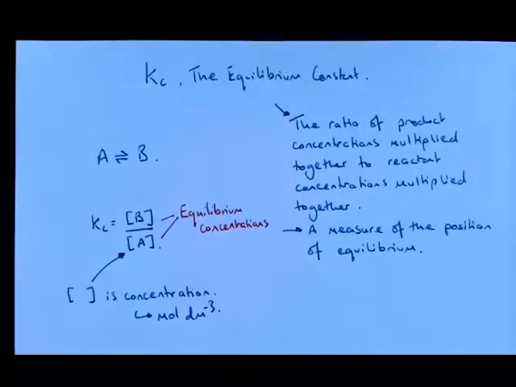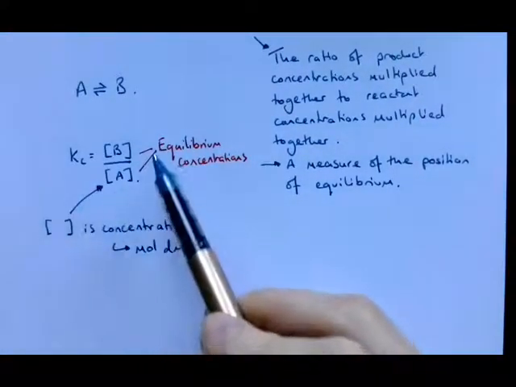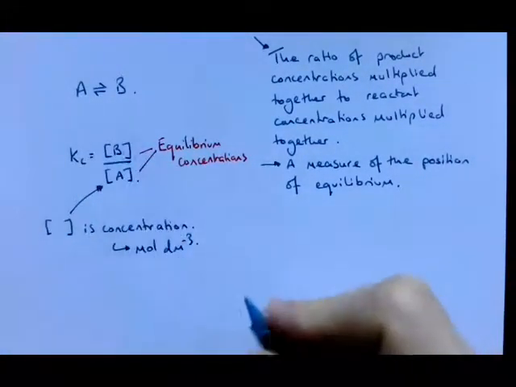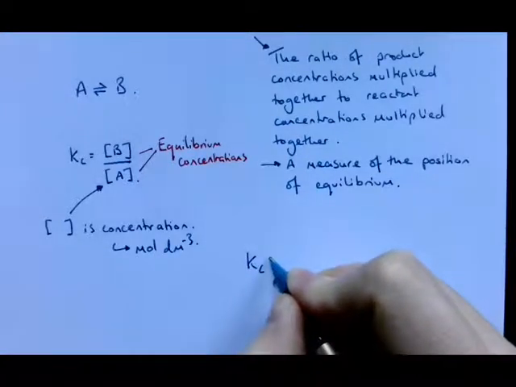All right, so there are three possible situations that we can imagine for Kc here. The first is that Kc is greater than 1.